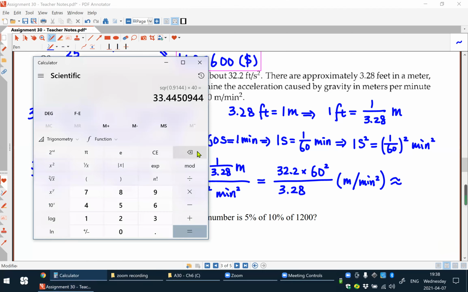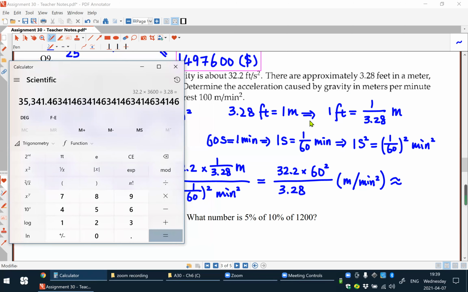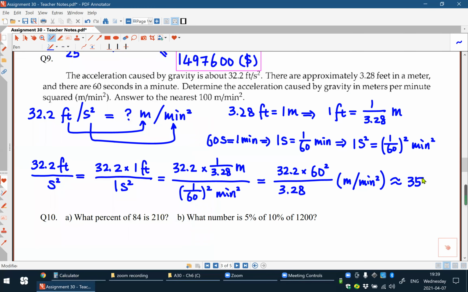So let's calculate this number first. So it's rounded to 300. Unit is meters per minute squared.